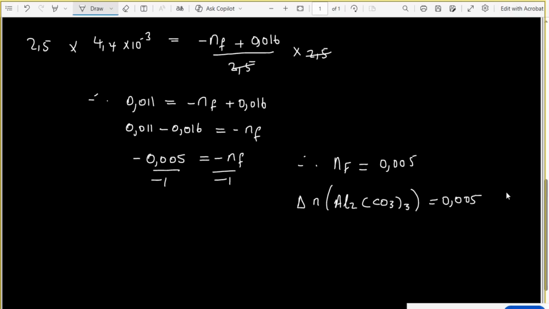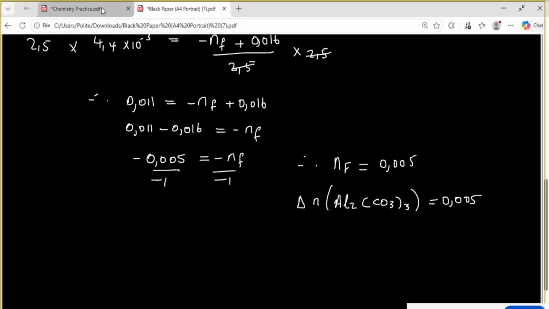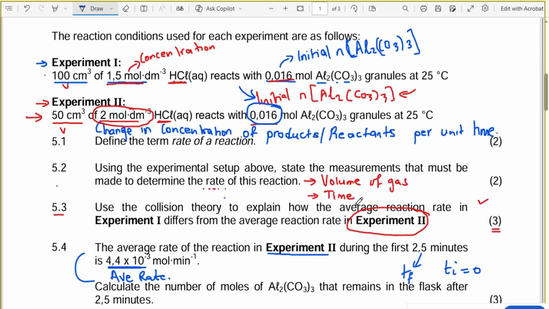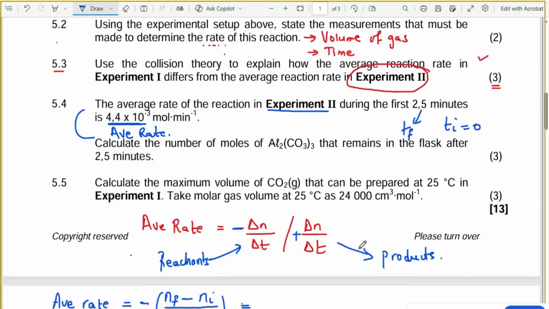Okay. So, guys, one thing I want to tell you now is that you can get different answers. It will depend on which reference you are using. You understand? Because look at the formula.